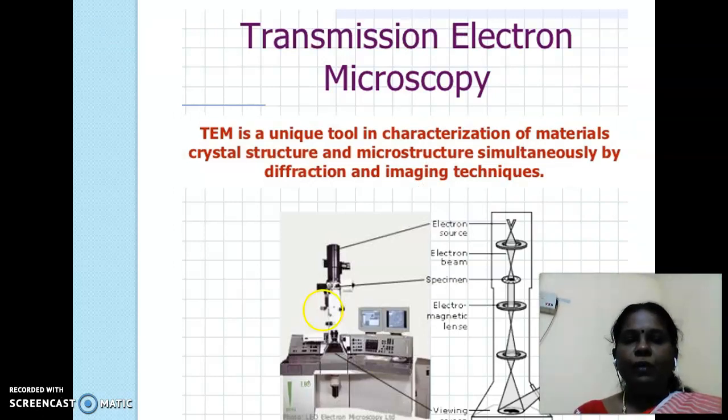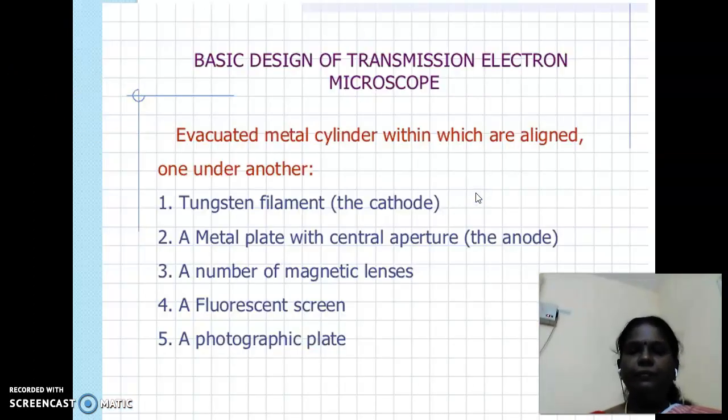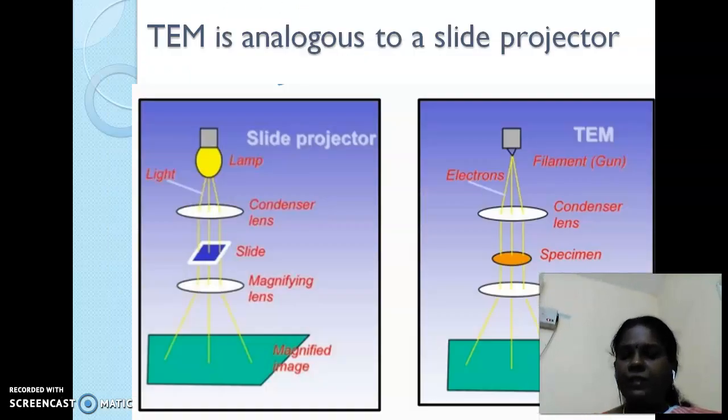And now let us go in detail about transmission electron microscopy. TEM is a unique tool in characterization of material, crystal structure and microstructure simultaneously by diffraction and imaging technique. Now the working of TEM is analogous to a slide projector.